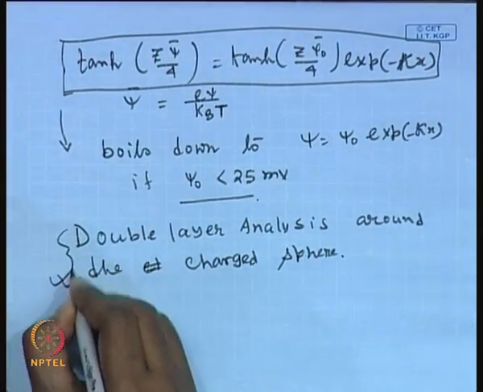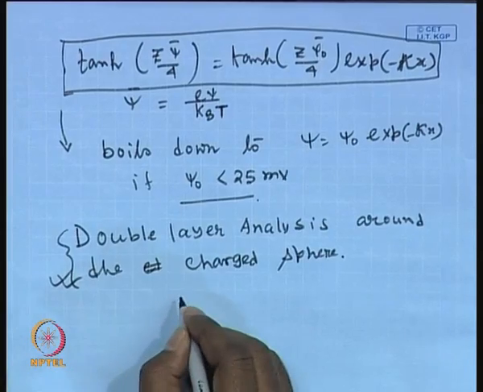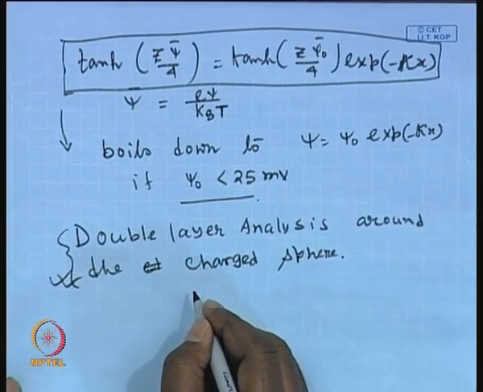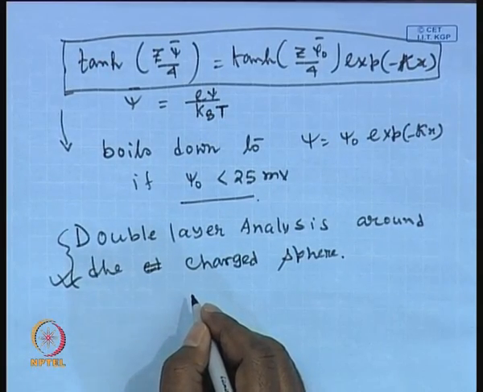Now, why this is important, let me clarify it once again, because we are talking about the filtration of a protein particle or a colloidal particle which is charged by using ultrafiltration and by applying an external electric field. So, it is known as electro ultrafiltration or electric field enhanced ultrafiltration or electric field assisted ultrafiltration.